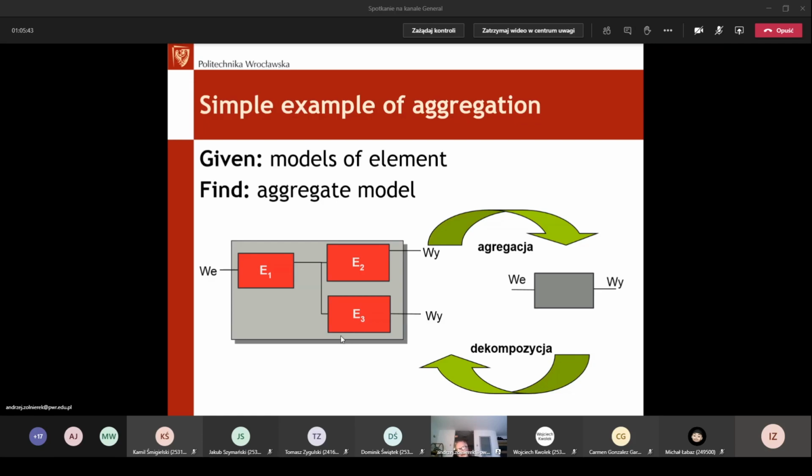So after calculating and after finding control, for example, we must check if everything would be okay in a real system. And that is why sometimes we need decomposition, especially when there exists a limitation inside our system.